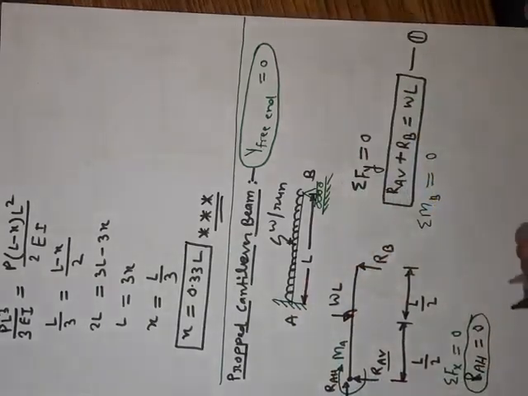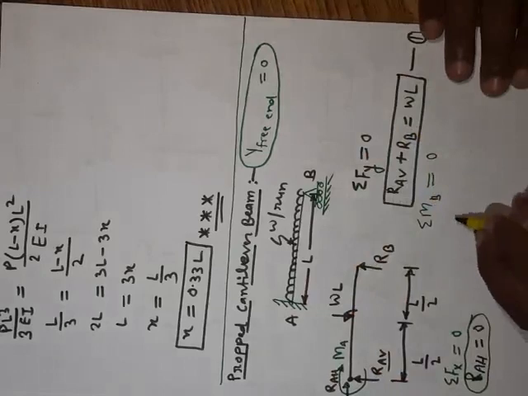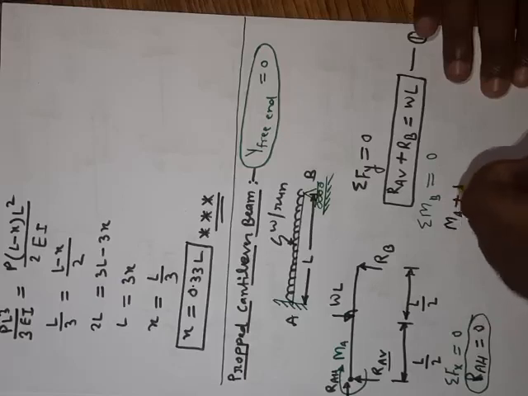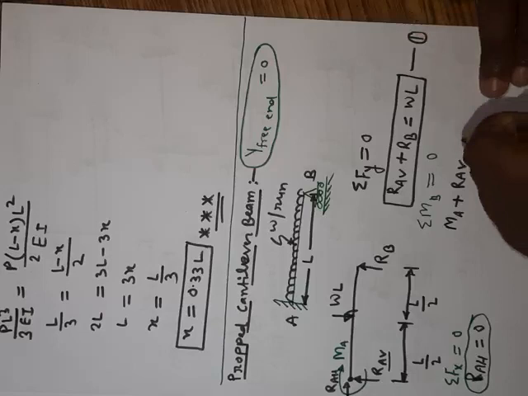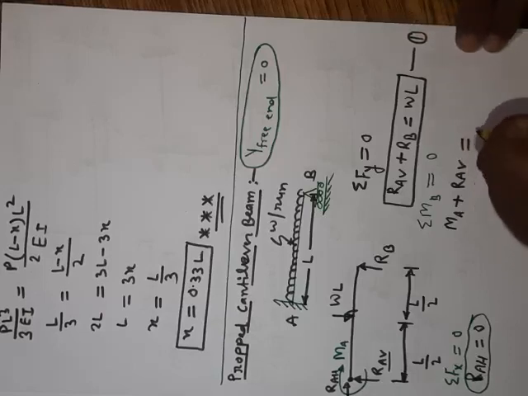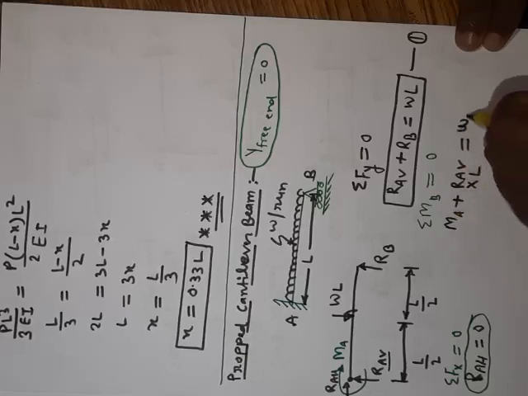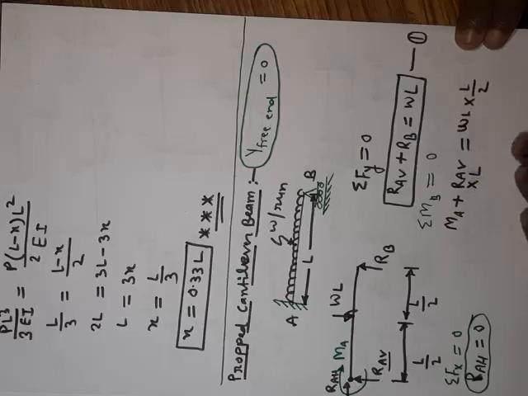So I am writing the moment equation over here: MA plus RA into L equals WL into L by 2.